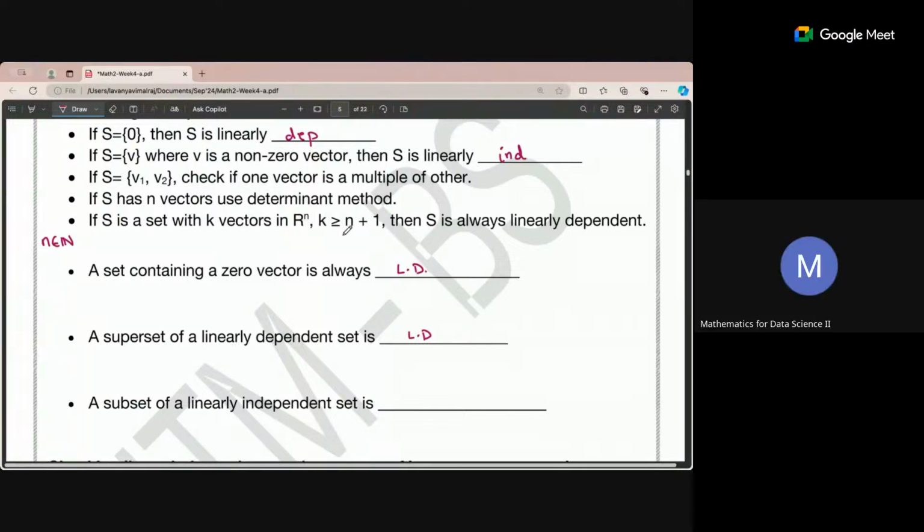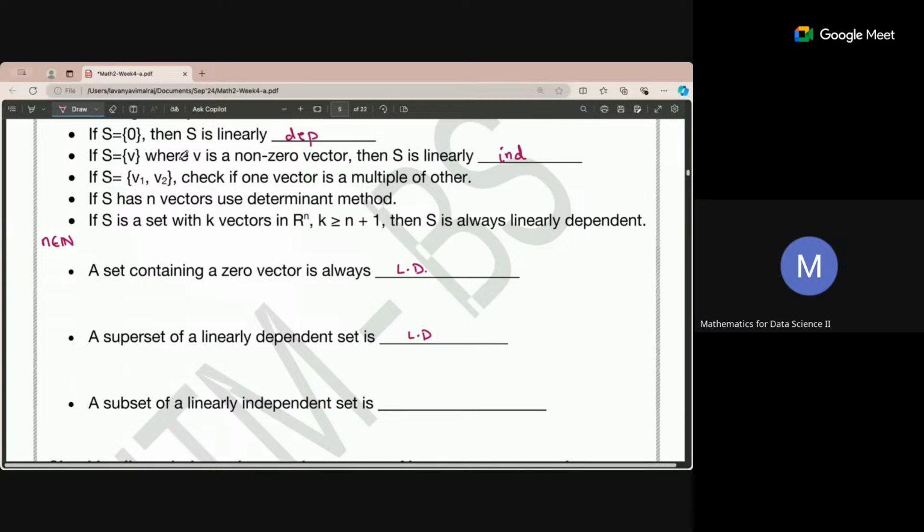This cardinality and dimension thing is not satisfying this if S equals the set containing the zero vector. Yes, this is considered as containing only one vector. How is 1 greater than n plus 1? Ma'am, that one is a single element. That zero is not exactly zero. It is a vector that has n components, and that is the n in R raised to n.